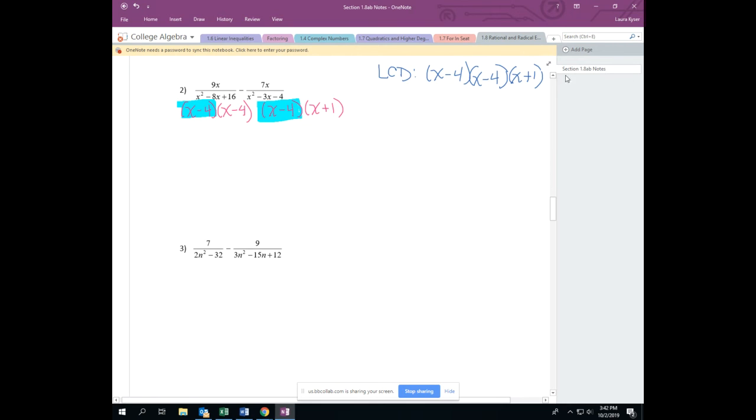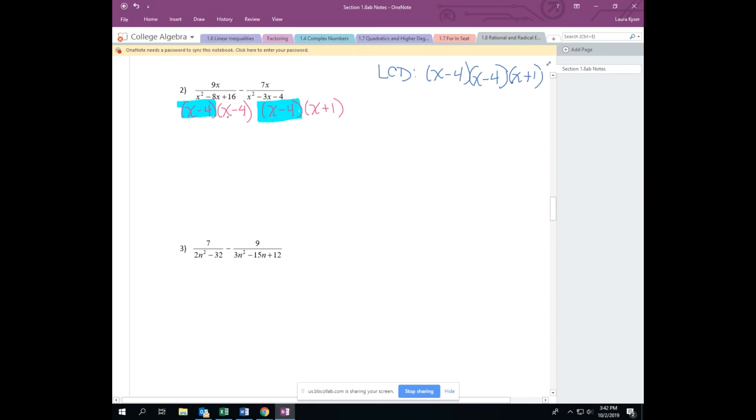All right, so all three of these pieces combined make up my least common denominator. And you'll notice that each one of these denominators on their own only has 2 pieces, which means that there's something missing on both sides here. And we want to go ahead and bring in that missing piece on both sides.